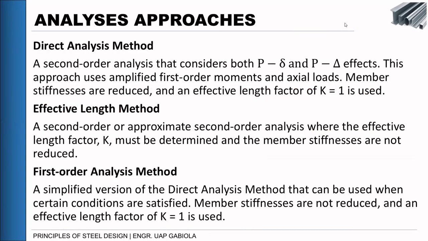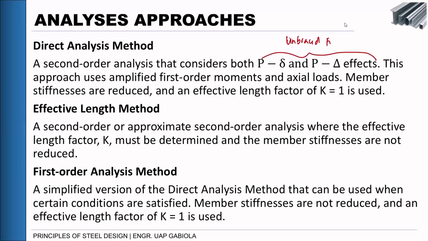So first, for the direct analysis method, that is a second order analysis that considers both the P delta, small delta, and P big delta effects. Meaning, we are considering, pag sinabing ganito yung case niya, we are considering braced frames, unbraced frames.